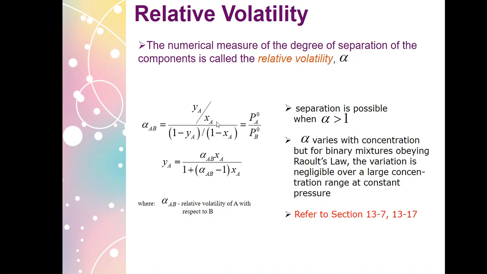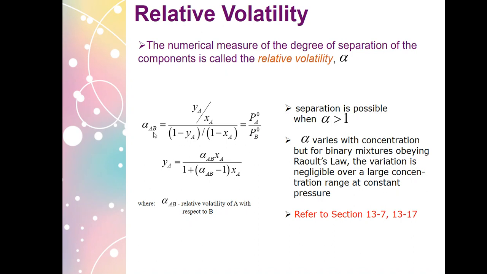If you don't have the mole fractions of A only or of B only, you can use their pure vapor pressures. So, the relative volatility of A with respect to B is the ratio of the vapor pressure of A and B, A being in the numerator and B in the denominator.